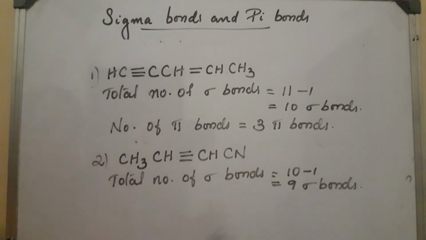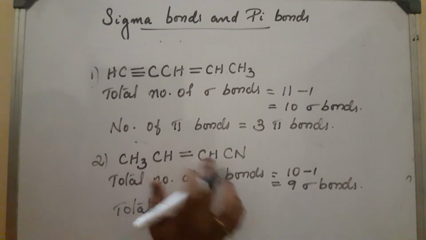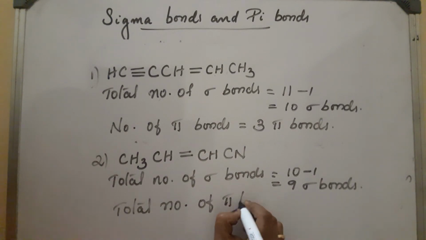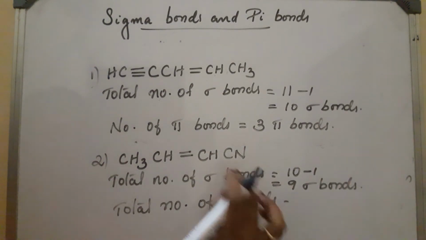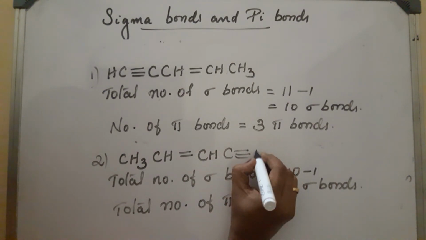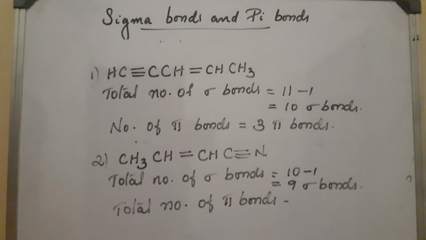Okay. Now, total number of pi bonds. Sorry, here, double bond. In the case of CN, there will be a triple bond. So how many pi bonds are there? 1 plus 2, 3. So 3 pi bonds are there in this molecule.